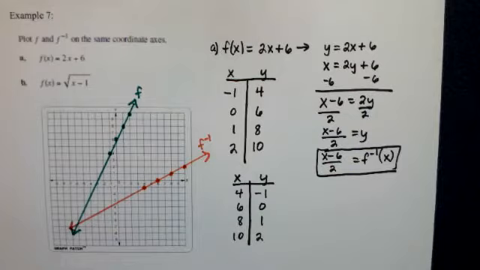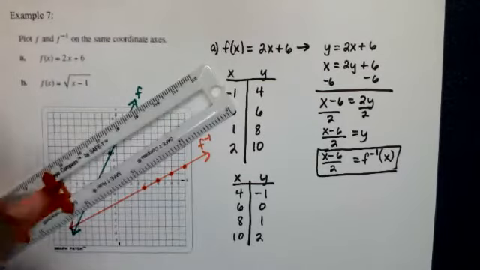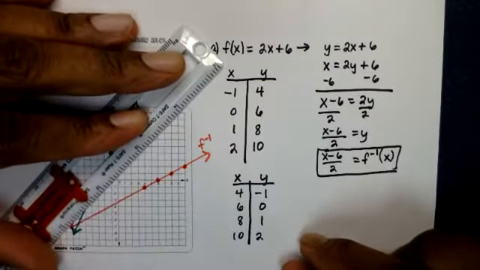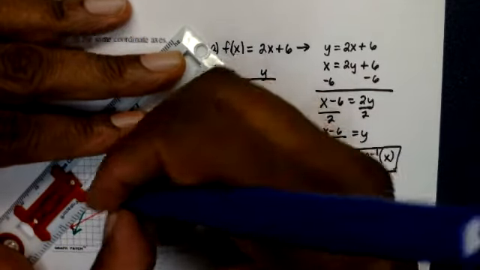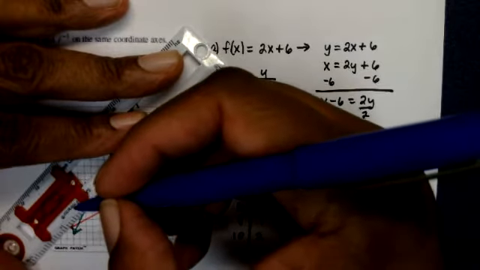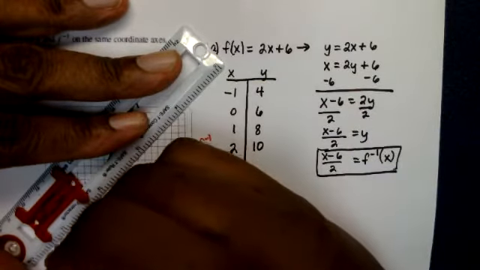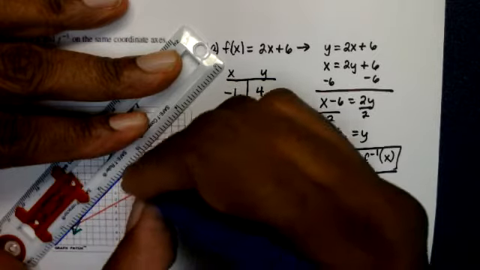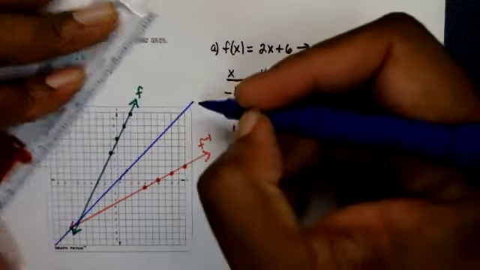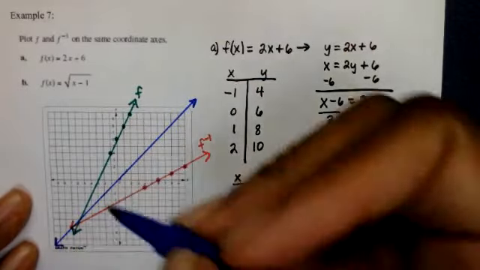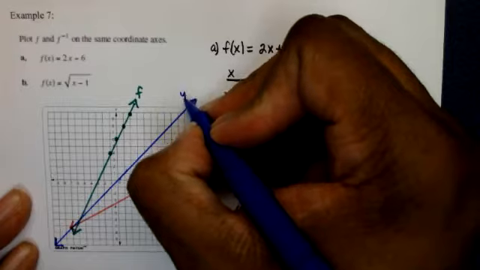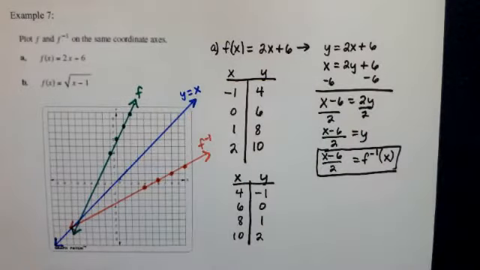Okay. Now, what I'm going to do here is throw in the graph of the equation y is equal to x. That means if x is 1, y is 1, x is 2, y is 2, and so on. This blue line would be the graph of the equation y equals x, okay?